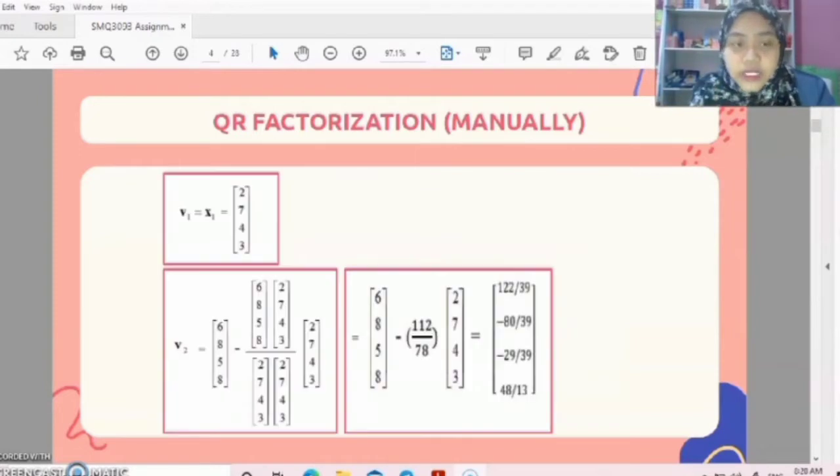So from the formula before this, we substitute into the equation. V1 equals x1, so column 1 is 2743, and V2 is calculated and we get the answer. So for V2, we multiply, and this is the final answer for V2.